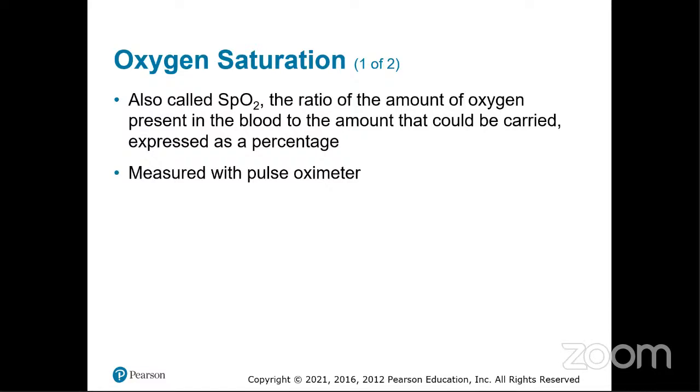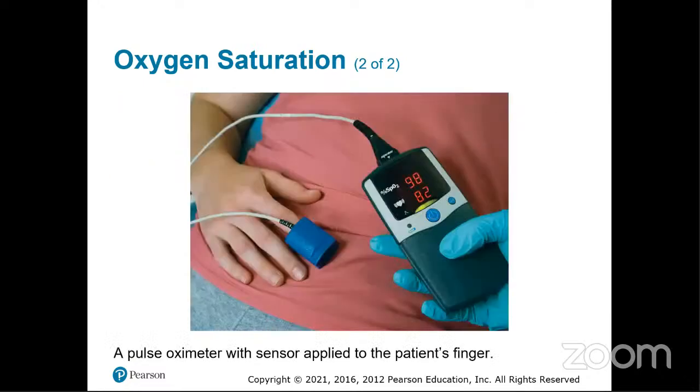So monitoring devices: pulse ox, also called SpO2, is what we're using to measure the amount of oxygen that is carried by hemoglobin. It's measured with a pulse oximeter. So there's your pulse oximeter.